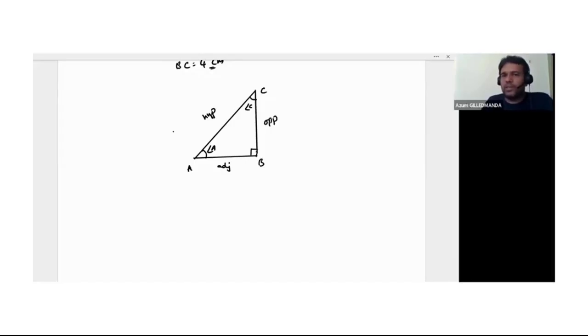If I'm talking about vertex C, this is the opposite side. From whichever vertex you are looking, the opposite side is from that. For angle C, the opposite side is AB and the adjacent side is BC. So it completely gets swapped when you look from different vertices. Make a note of that.